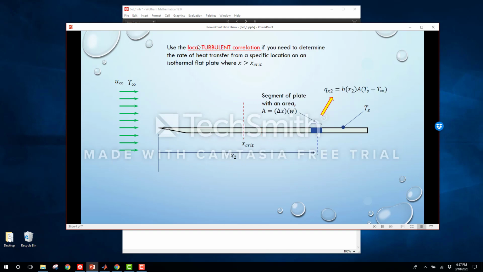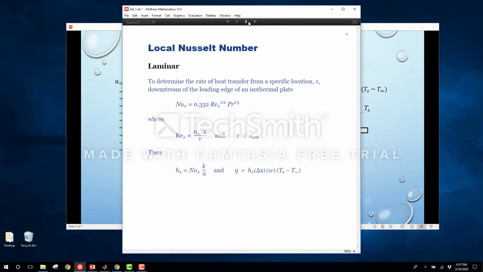We can also define a local turbulent correlation if this region of interest is downstream of the x critical location. So everything looks much the same here. I'm just calling this x2 to differentiate it with regards to the figure. And if we now look at the local Nusselt number, the turbulent correlation, we again have an expression for the Nusselt number that is dependent upon the parameter x.